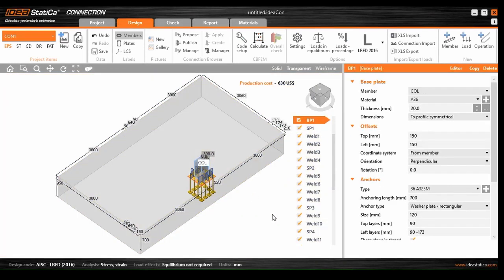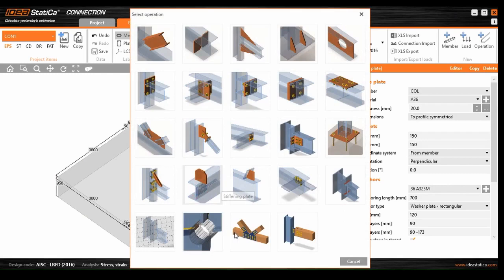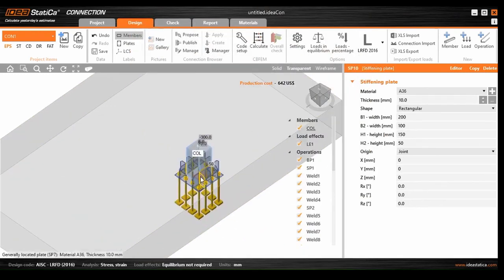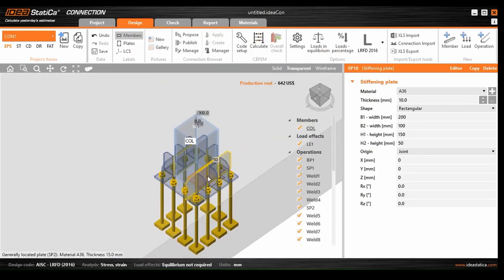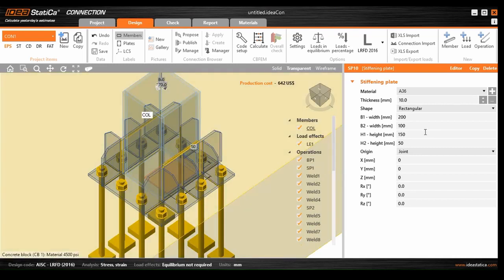So create a new plate. Okay, there it is. On the right side, change the Rx to 90 degrees.